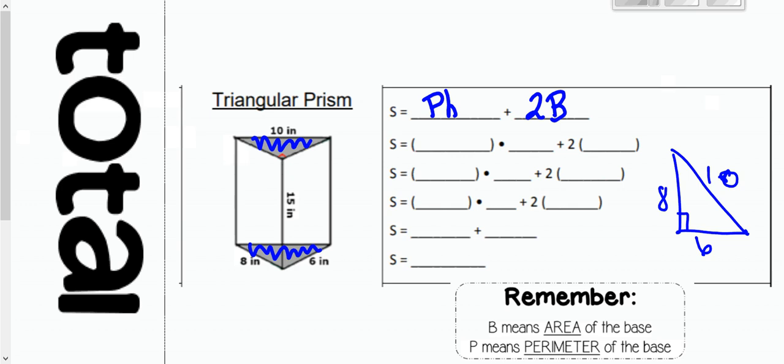To find the lateral surface area, we took 6 plus 8 plus 10, which was 14 plus 10, which was 24. So the perimeter of my base was 24, and we multiplied that by the height, 15, of my prism.